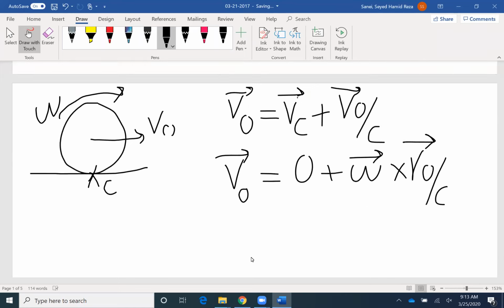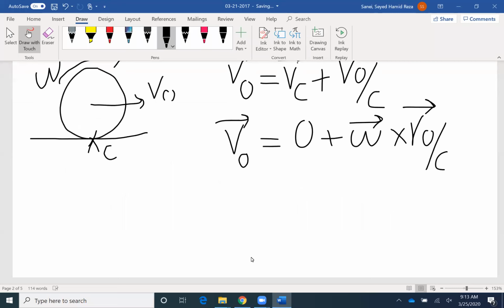So whenever a problem involves relative velocity of a rigid body, you can solve for two unknowns.